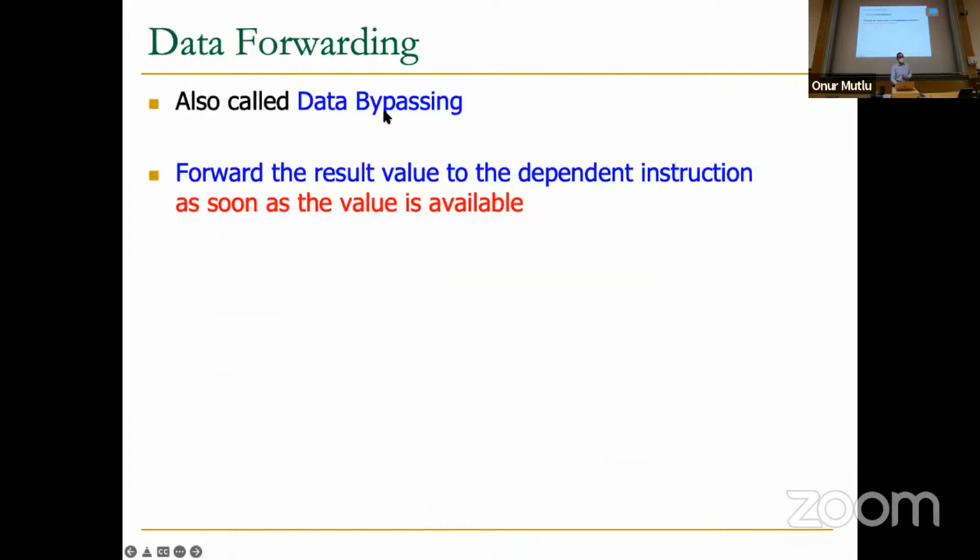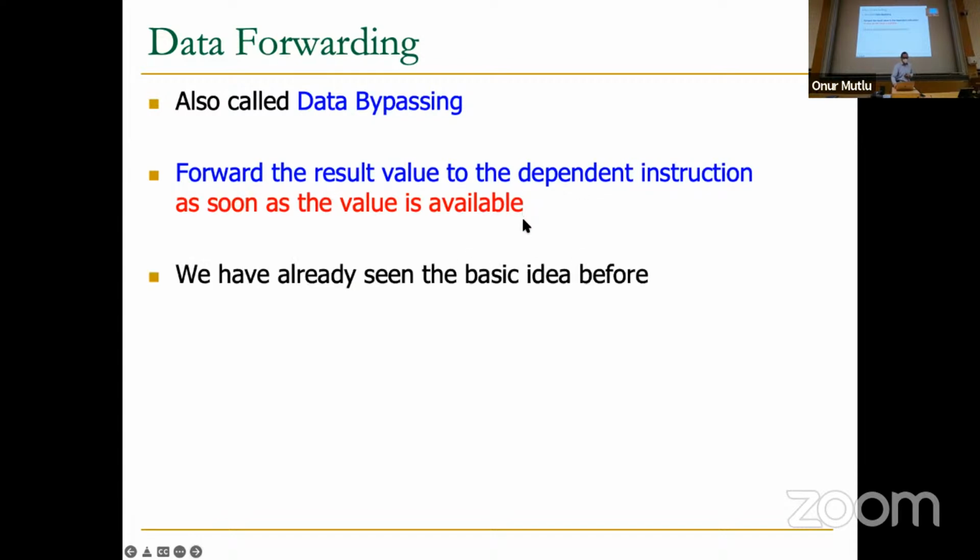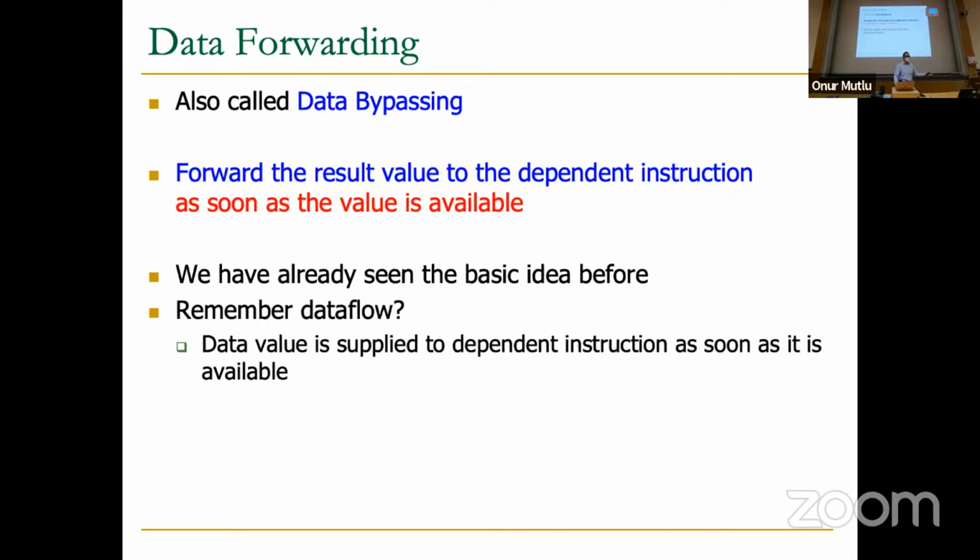Tomorrow, we will cover data forwarding, also called data bypassing. The idea is to forward the result value to the dependent instruction as soon as the value is available, if possible. We've already seen the basic idea before, just to jog your memory. Remember the data flow principles?